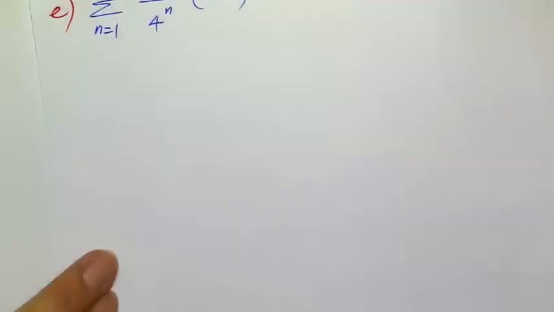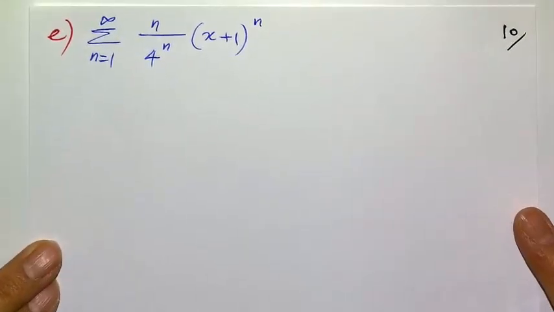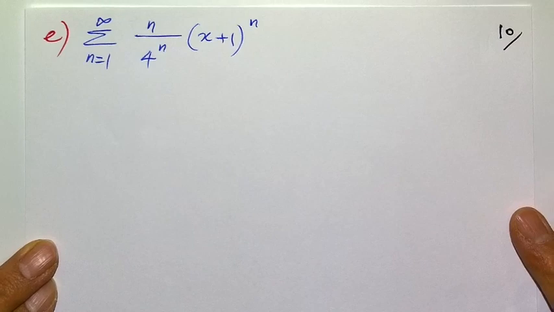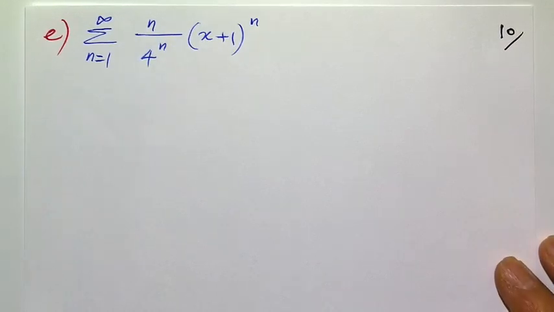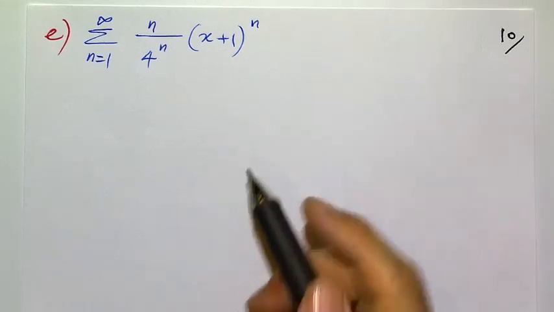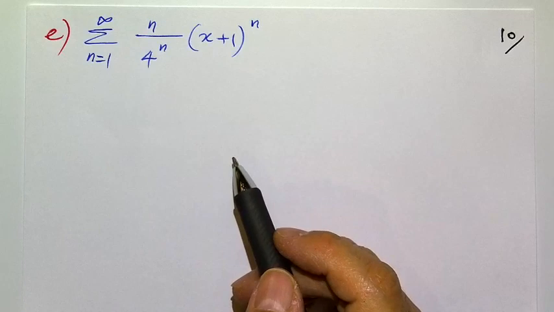Okay, so let's see another example. You might want to pause the video and see what solution you will have for this one. Okay, so I will begin again with the familiar ratio test.